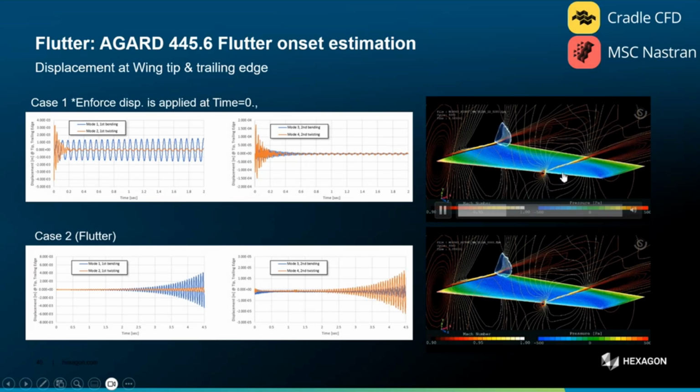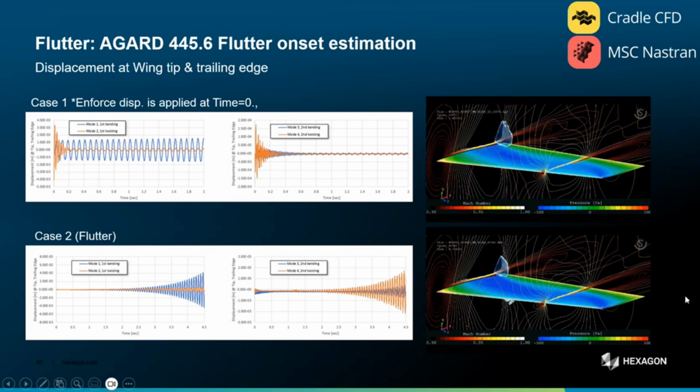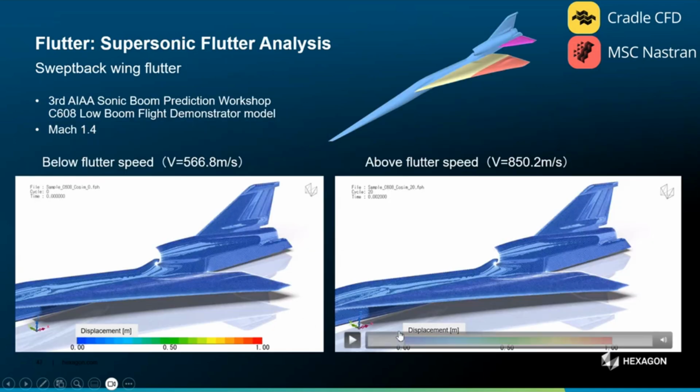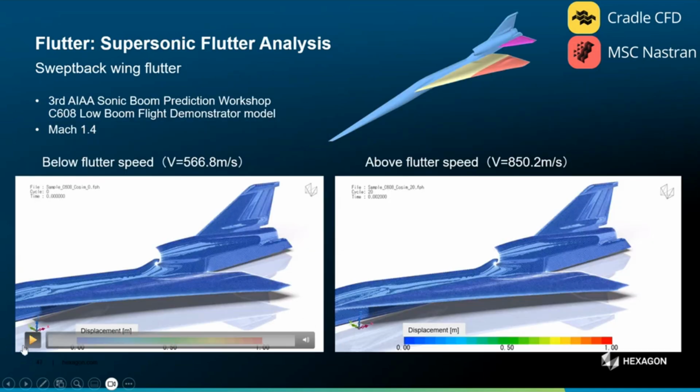So in that case, everything is going fine. You get a first bending phenomenon, and then it's reduced along the time. In that case, it's not happening very well. You get a first oscillation, and then it goes crazy. The same phenomenon here, depending on the cruise speed and altitude.